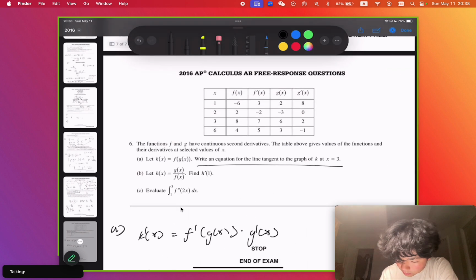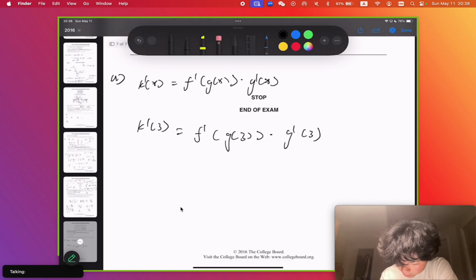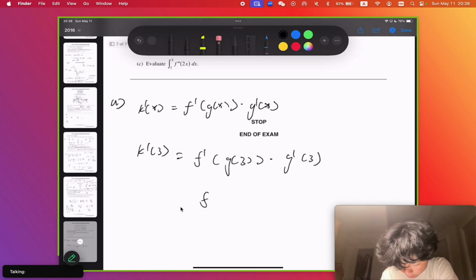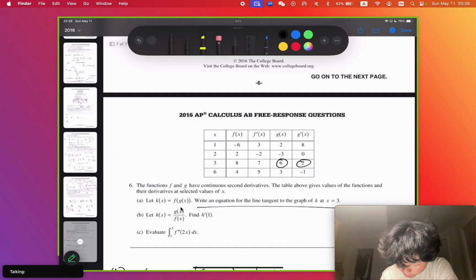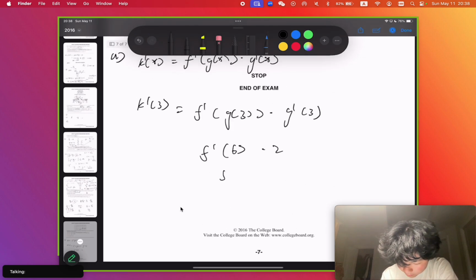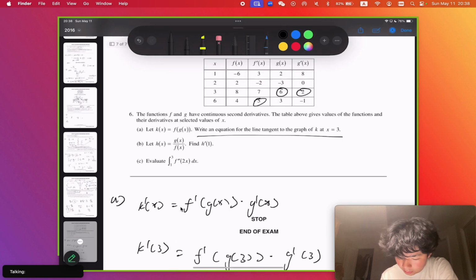What is this? g of 3 is 6, times 2. So it's f prime of 6 times 2. What is f prime of 6? f prime of 6 is 5. So it's 5 times 2 equals 10. So yeah, this is A. Okay, B.